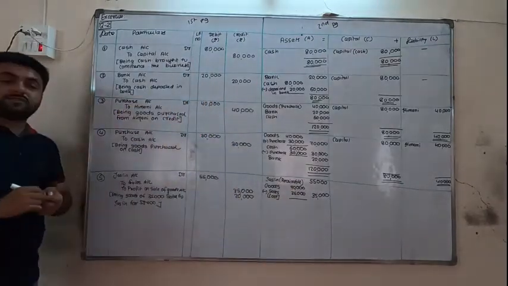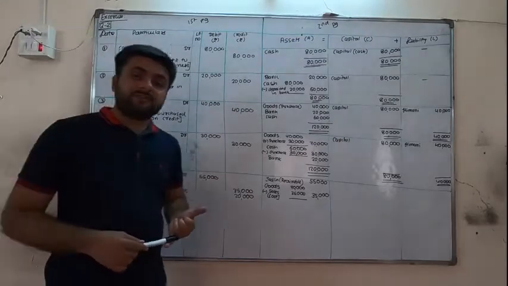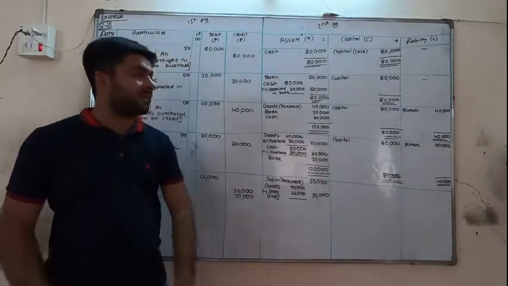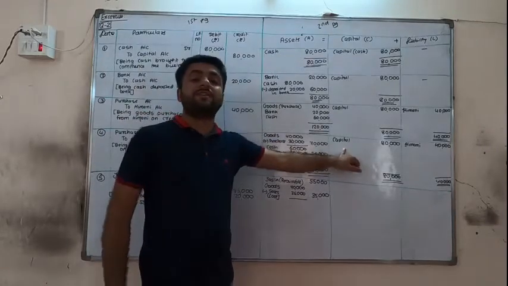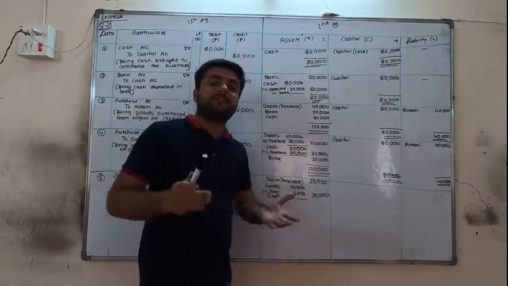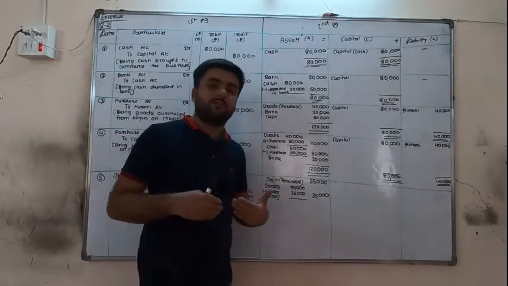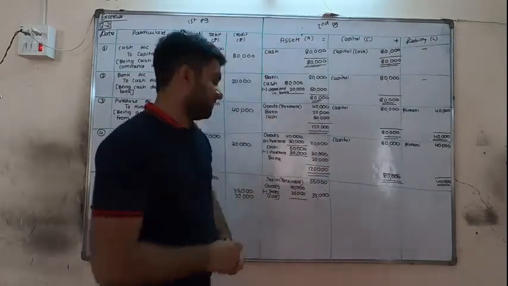Now profits and losses. The profits which we are getting or the losses which we are taking, or the incomes and expenses, we will all show as capital because these profits and losses are of the owner only. So we have to give the effect in capital.